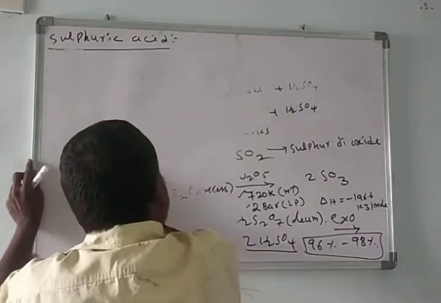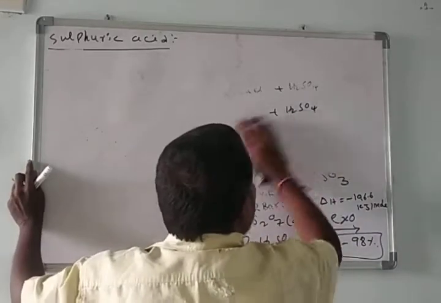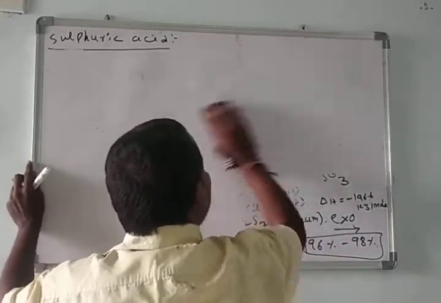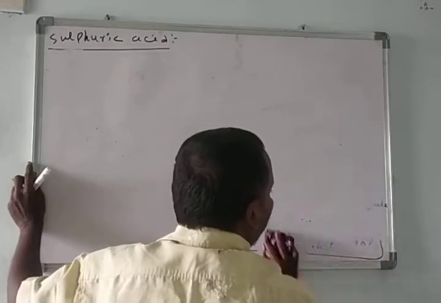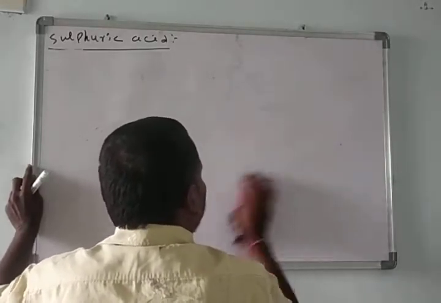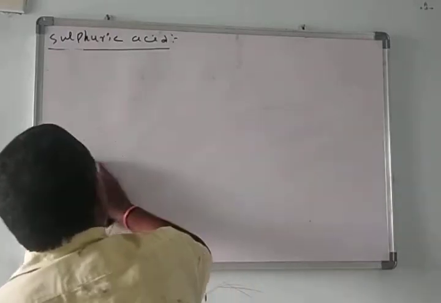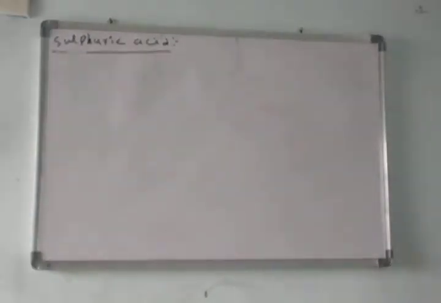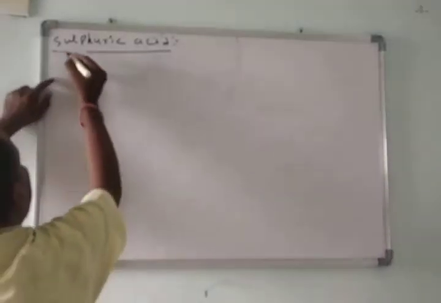Sulfuric acid is a colorless liquid and a highly dense liquid. The density of sulfuric acid is high. Sometimes we call it a heavy liquid. Compared to all acids, it is a heavy liquid. Here I want to explain the physical properties first.